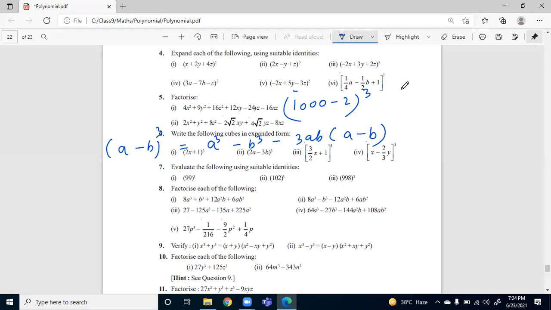So what is a and b here? Ma'am, a is 1000 and b is 2. Very good, Leona. It is correct. So now substitute the values.